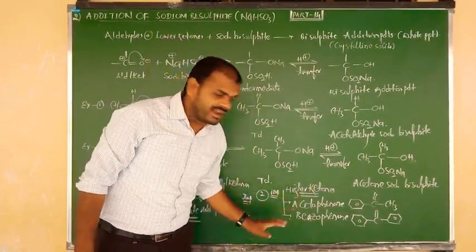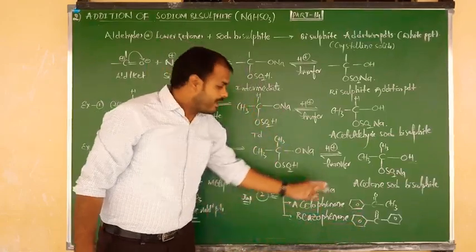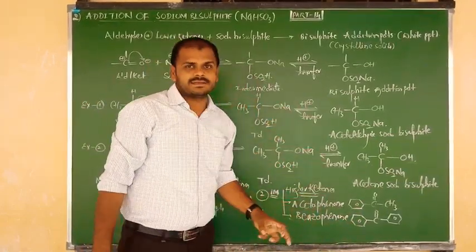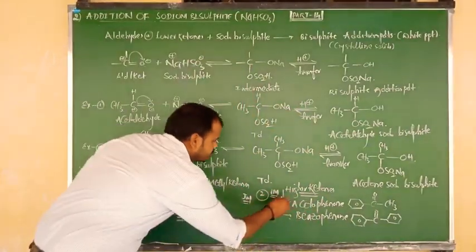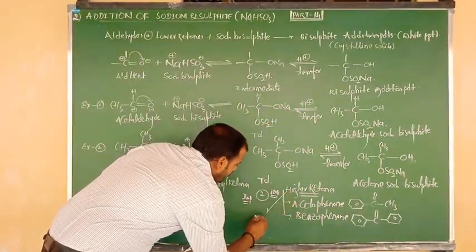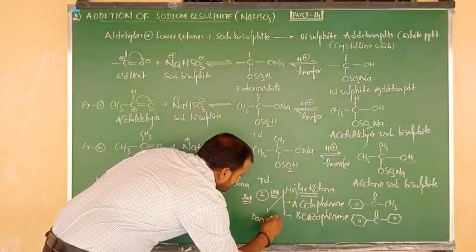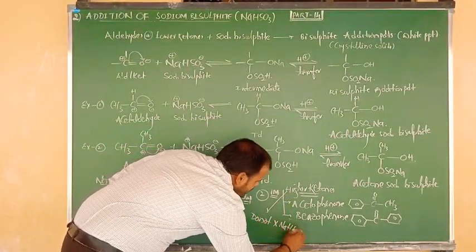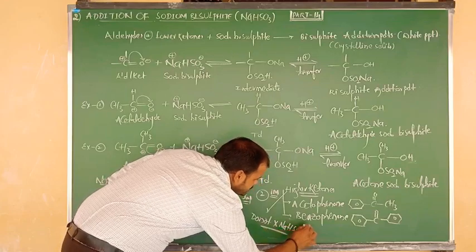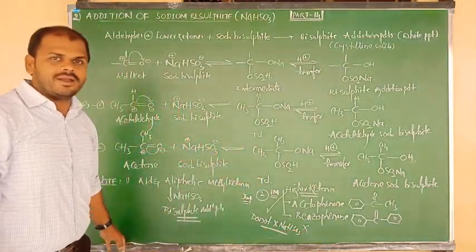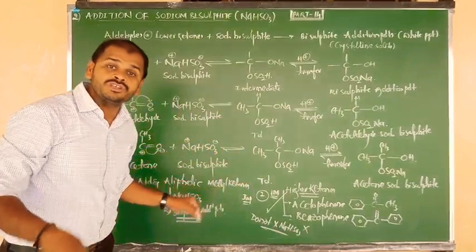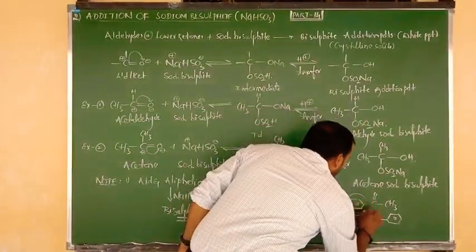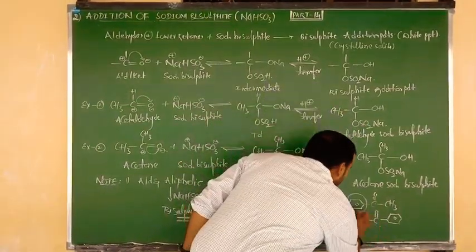They are not aliphatic in nature, they are aromatic. Aromatic ketones, or higher ketones having bulky benzene rings, do not show reaction with sodium bisulfite. That means they do not form addition products. The reason is that around the C double bond O group, bulky benzene rings are present.